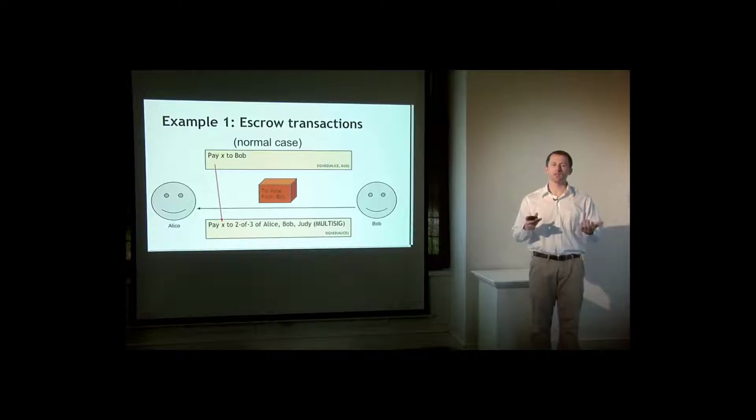And the great thing here is that Judy never had to get involved at all. There was no dispute, and so Alice and Bob were able to sign, and that represents 2 out of the 3 people required by the multisig transaction. So in the normal case, this isn't that much less efficient than Alice just sending Bob the money. It requires just 1 extra transaction on the blockchain.